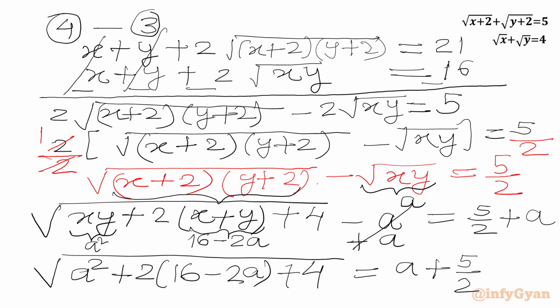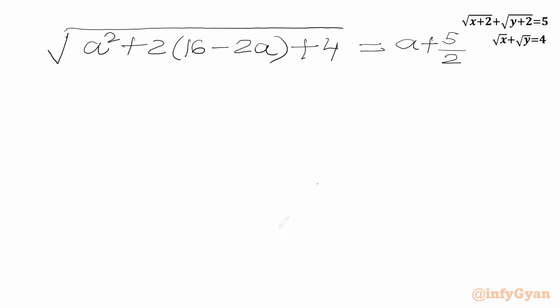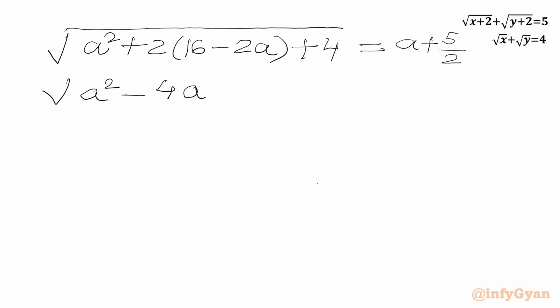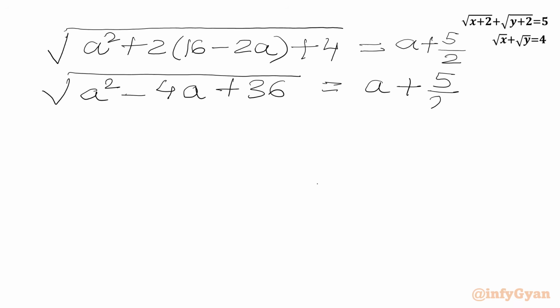Now we have to simplify our radicand. So we will write square root of a square, 2 times minus 2a, minus 4a. 2 times 16 is 32, plus 4 is 36. In RHS we have a plus 5 over 2. Now we are going to square both sides as we have a square root in LHS.